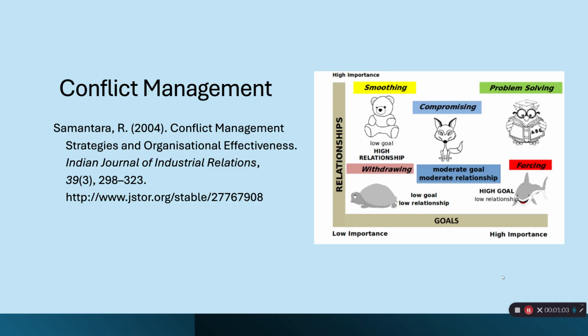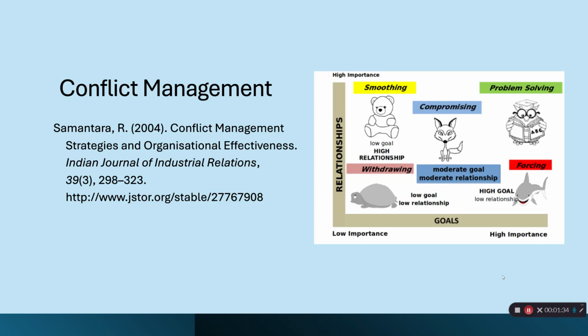The 5 methods align as the chart on screen suggests. Every method falls on a spectrum for both relational and goal importance. A good example is if you look at the withdrawing stat. That's the key example of something with very low priority as well as low relational importance.